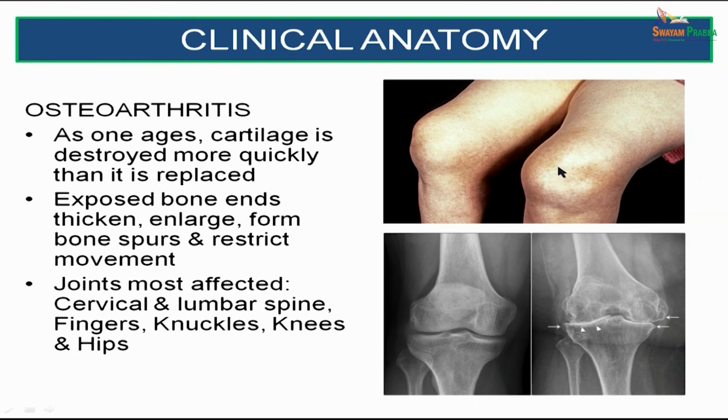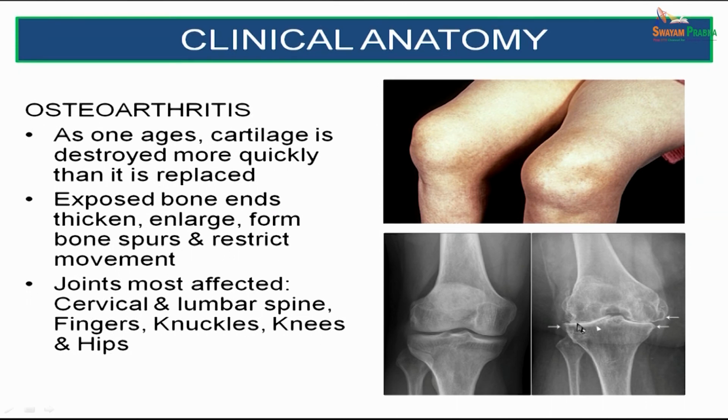This picture is showing osteoarthritis. As one ages, the cartilage in the joints is damaged more than it is replaced. Therefore, the ends of bones get exposed, they become enlarged, and they form what we call spurs.